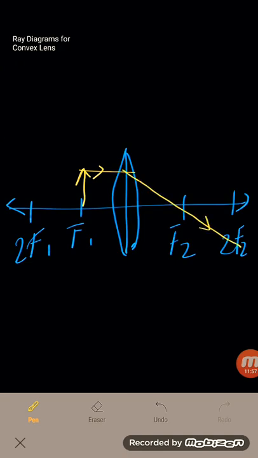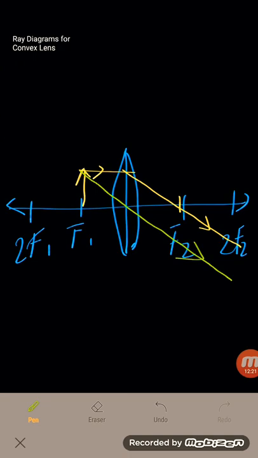it will go from f2, and then the next line, right, is it meeting somewhere? No, right?